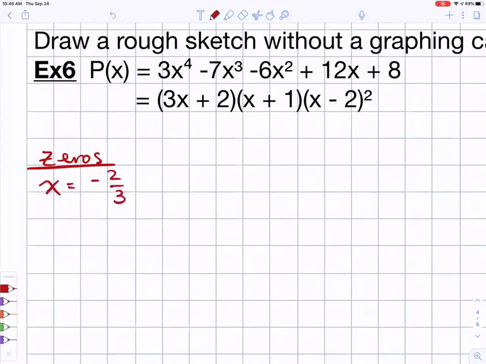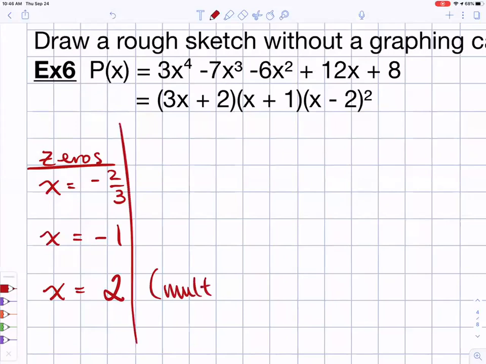X equals negative 1. Yep. And? X equals positive 2. With? 2 multiplicities. Yeah. And actually, let's just go ahead and make a list of all of our multiplicities here. So the multiplicities: 1, 1, and 2. This one is a multiplicity of 2.